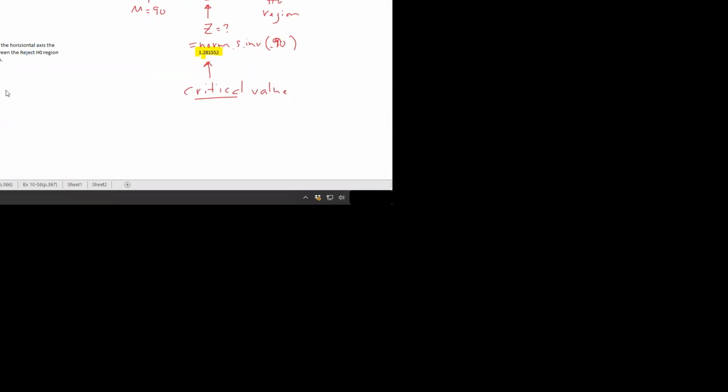All right. So adding to this, I defined the critical value as the point along the horizontal axis that represents the boundary between these two regions. It is also used when we compare what is known as a computed statistic. So what is a computed statistic?